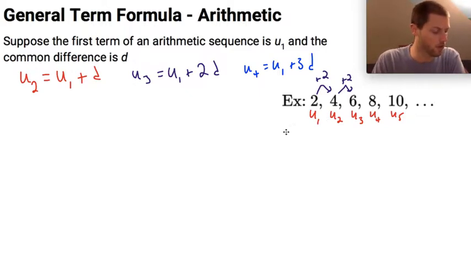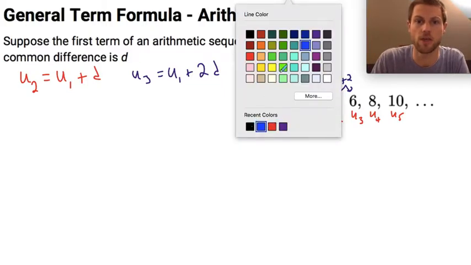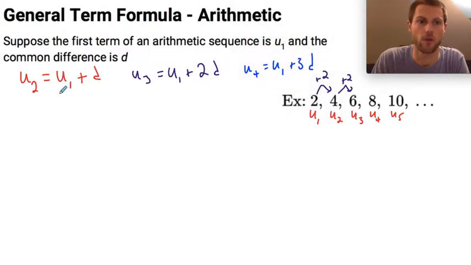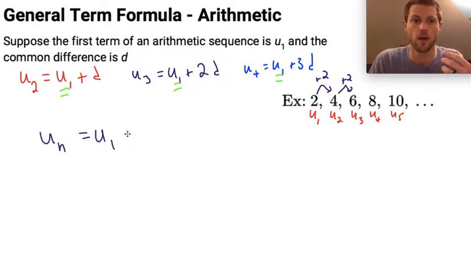Well, if we look at the pattern here, all of these 3 examples have a u sub 1 in them, right? So in general, I could say that u sub n, this would be any term in my sequence, is going to equal whatever my starting term is, and then I'm adding some variant of my common difference.